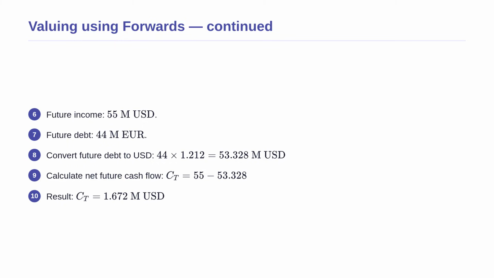Multiplying 44 by 1.212 shows that our future debt is equivalent to 53.328 million US dollars. We subtract this future debt from our $55 million future income. This leaves us with an expected net profit of 1.672 million US dollars in exactly 1 year.